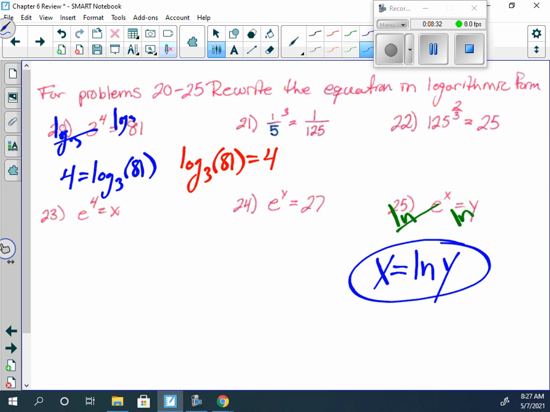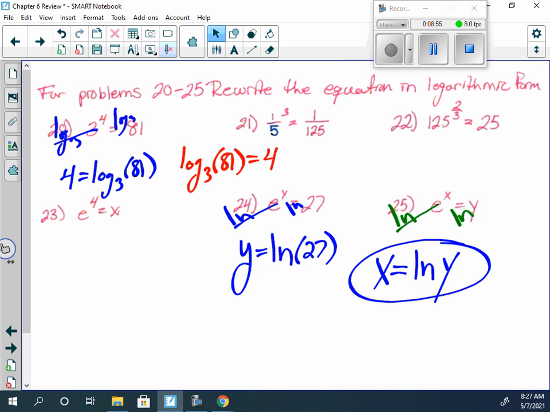That's all we have to do with these here, because we can do it with any of them. ln y equals ln of 7. Questions on this here? Be ready for the next one.